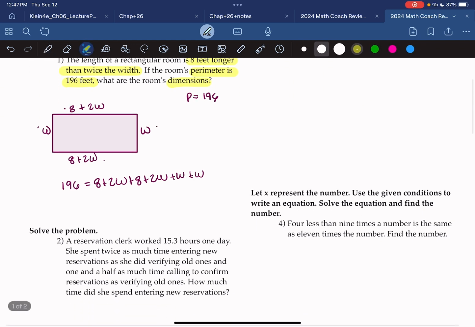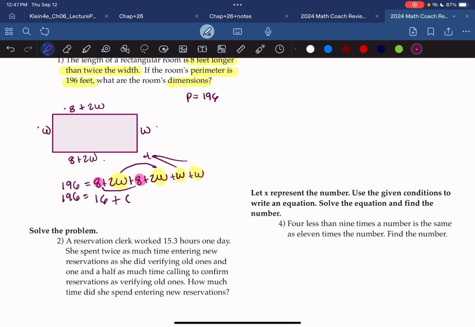And now we combine like terms. We can combine w, w, w, w, and then we can also combine 8 and 8. So 196 equals 8 plus 8 is 16, plus 2 plus 2 is 4, 5, 6, so 6w.